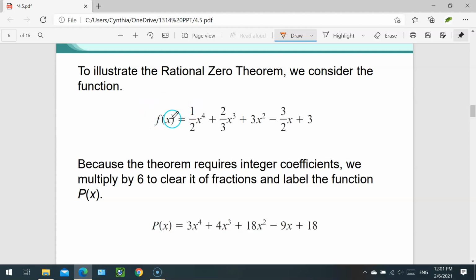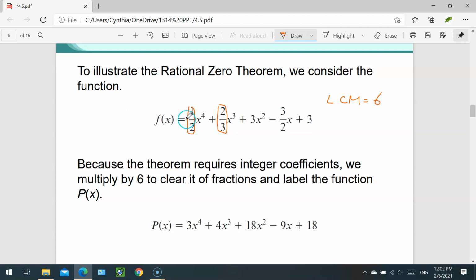Now look at this function f of x. It's a polynomial because we have 5 terms here, but the coefficient of each term is a fraction. In order to find all possible rational zeros, we need to make the coefficients integers, because that's an easier way to find the possible rational zeros. How do we do this? We multiply by the least common multiple, which is 6.